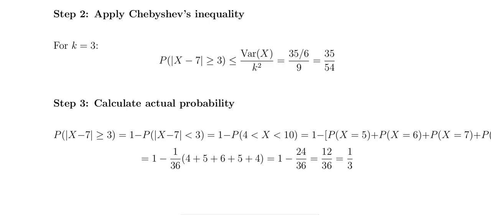Now, for k equal to 3, P of mod of x minus 7 greater than or equal to k is less than or equal to variance of x divided by k square. Variance of x is equal to 35 by 6 divided by 9. This is another version, Chebyshev inequality general form. So 35 by 54. That is the idea, and actual probability. This is the procedure.